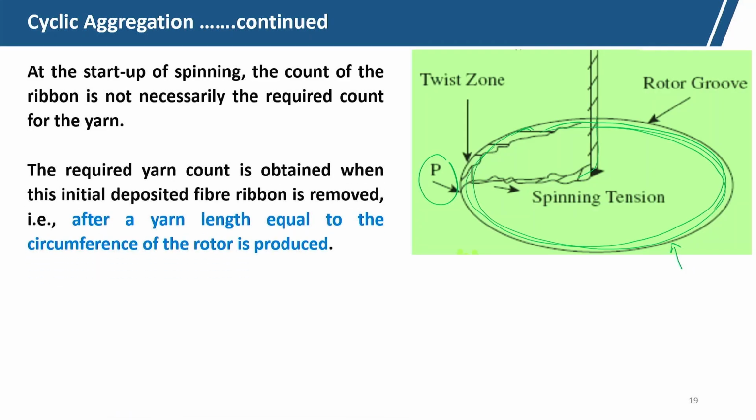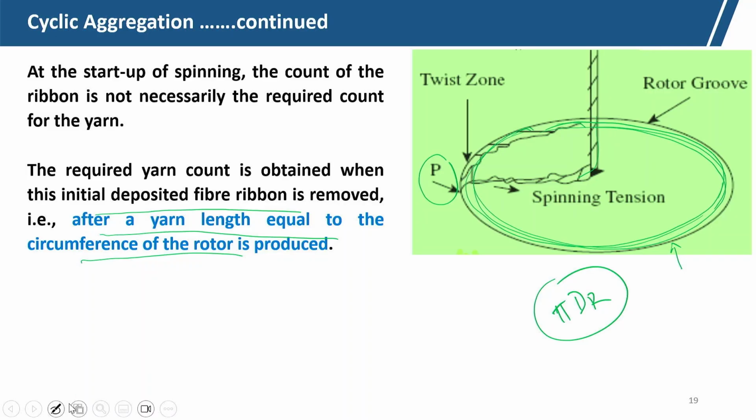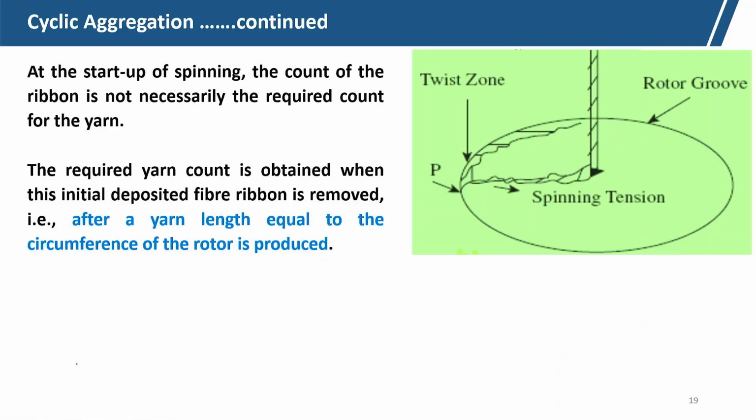The required yarn count is obtained when the initial deposited fibers are removed after a yarn length equal to the circumference of the rotor is produced. Initially that pi d r, that much length will be taken out, then the actual count will be produced, and this is done by cyclic aggregation, that we will discuss.